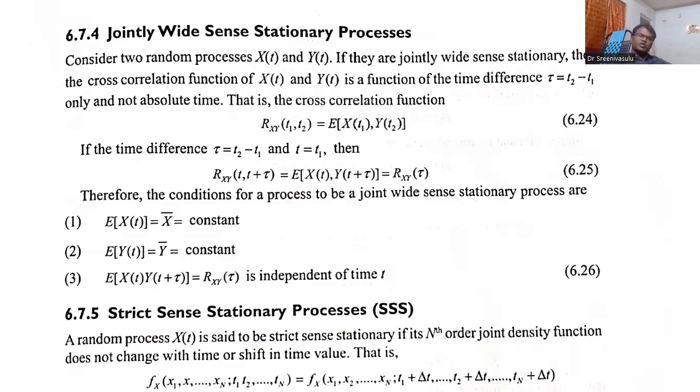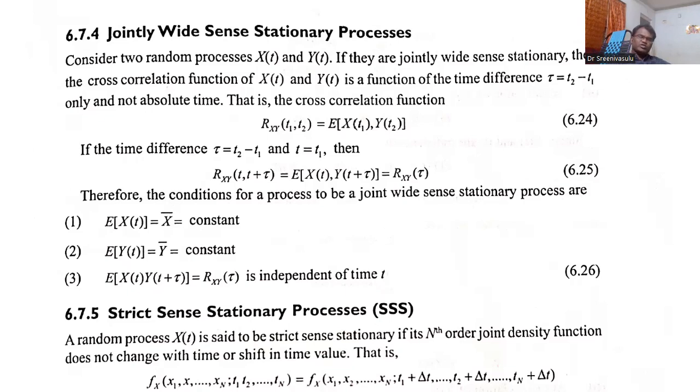The difference between t2 minus t1 is nothing but tau. If we want to write t2 in terms of t1, t2 is equal to t1 plus tau. So it is the expected value of x of t into y of t plus tau. After calculation of this, suppose it is Rxy of tau, that means independent of time, then we can say it is jointly wide sense stationary.